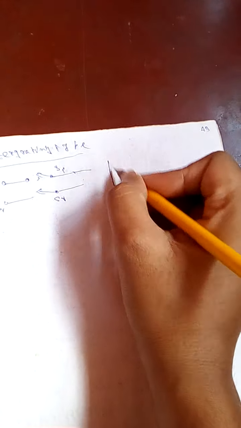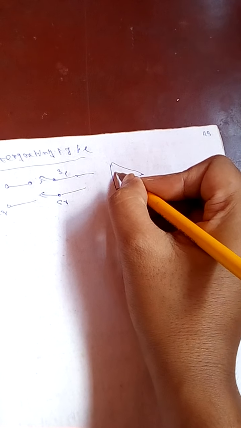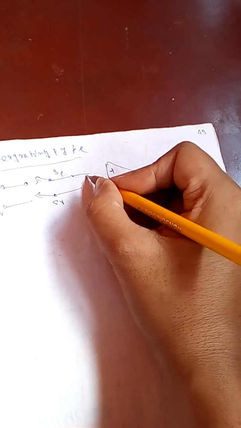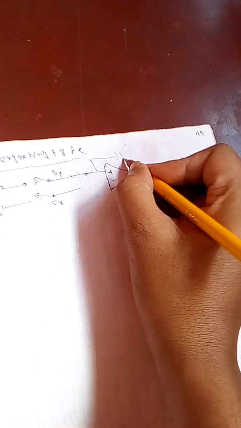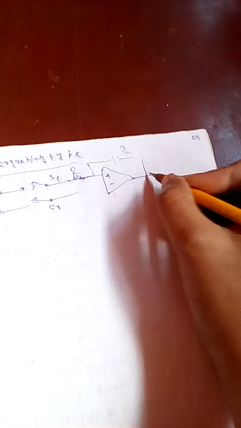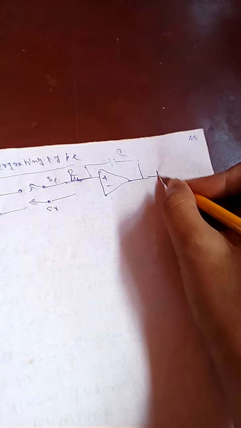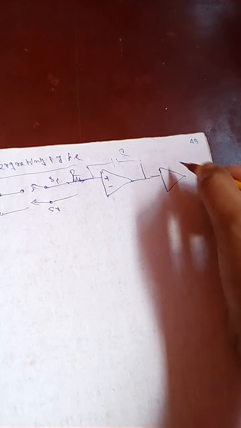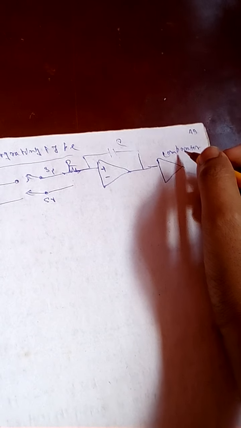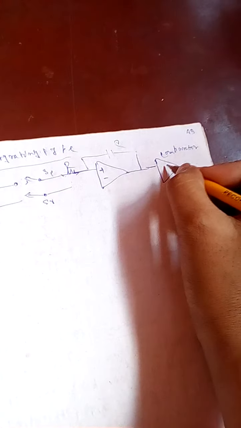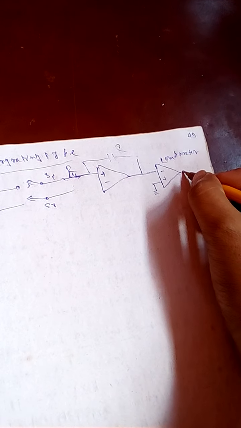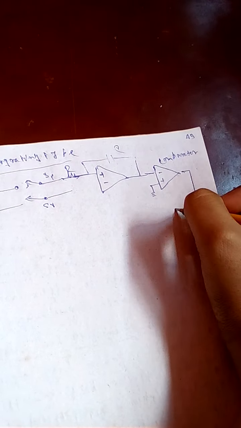There is a comparator, we know, and there is an integrator, we know. The feedback element is the capacitor, and here we use a resistance. The integrator goes to a comparator, which we have discussed previously. The comparator's function is to compare the two input voltages, and the comparator is going to the ground, then it is connected to a gate.